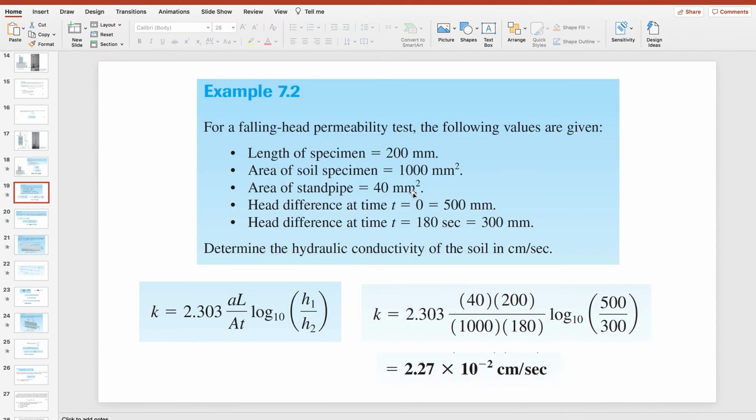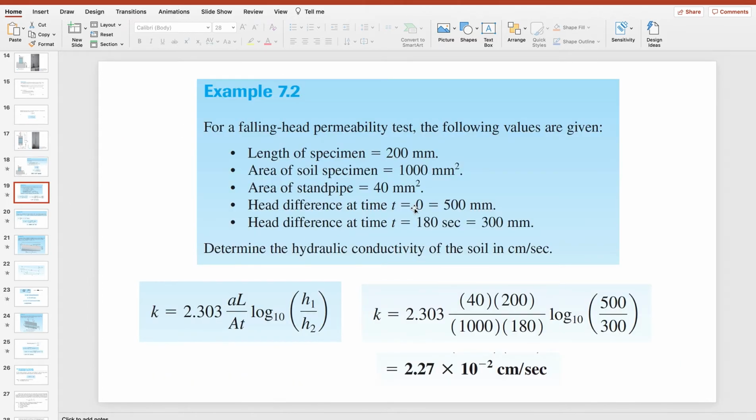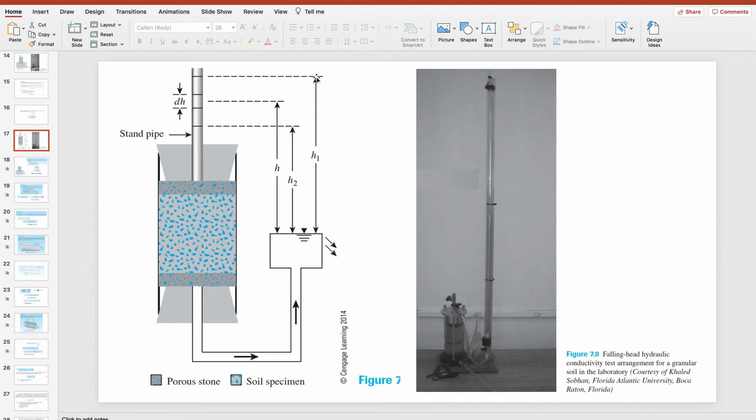The area of the standpipe, this is it, the circle. Then we have the head difference: at time 0, 500, and at time 180, 300.